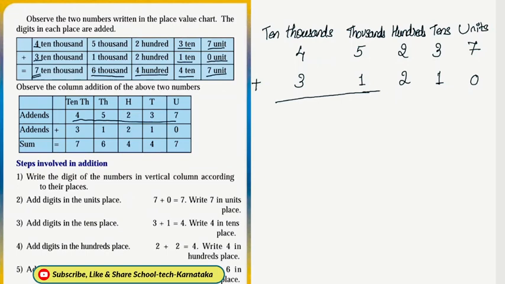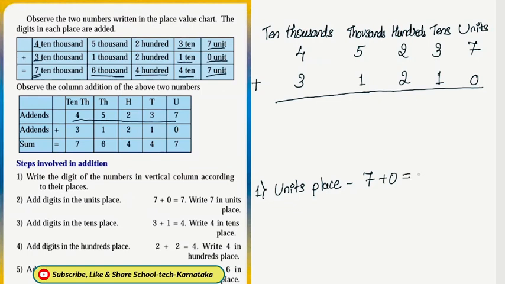So let's check stepwise how to add these two numbers. Our first step would be to add the digits at units place. At units place we have 7 plus 0.